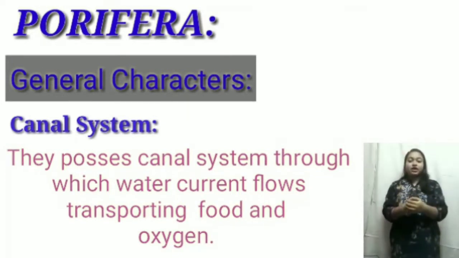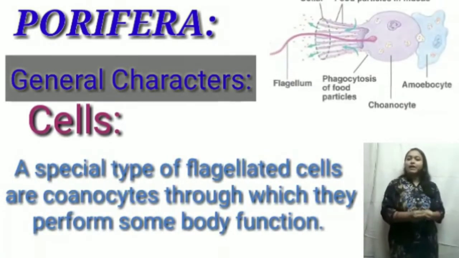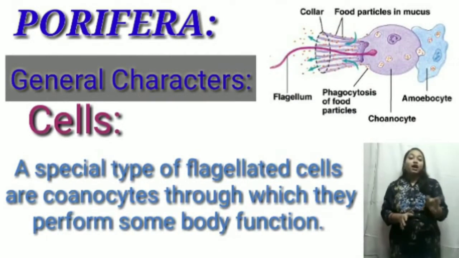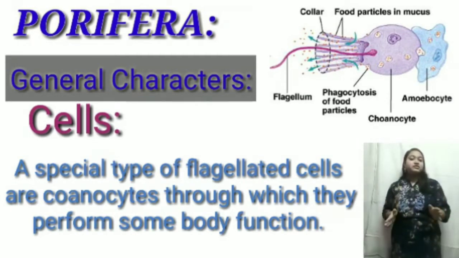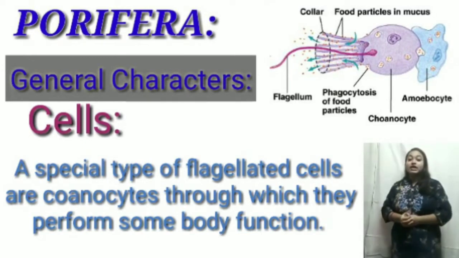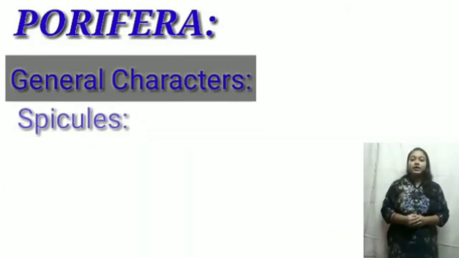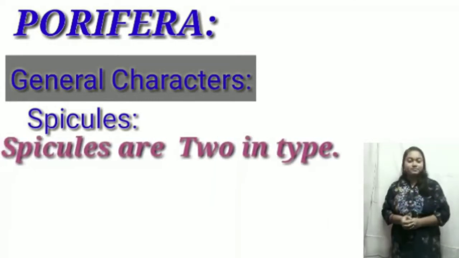The next point is cells. A special type of flagellated cells are choanocytes, through which the poriferans perform some body functions also. Then the point is spicules, a special structure only seen in poriferans.